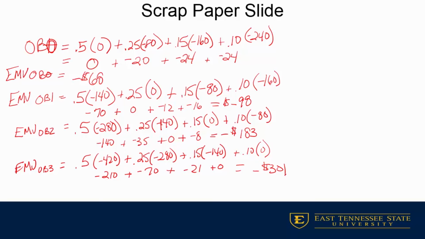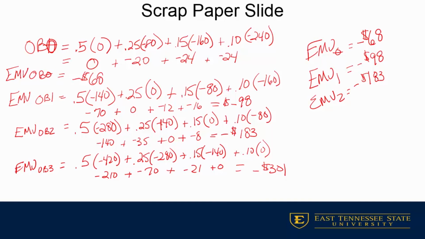So what does all this mean? Our expected monetary value for overbooking 0 rooms was a negative $68, for overbooking 1 room a negative $98, for overbooking 2 rooms a negative $183, and for overbooking 3 rooms a negative $301.